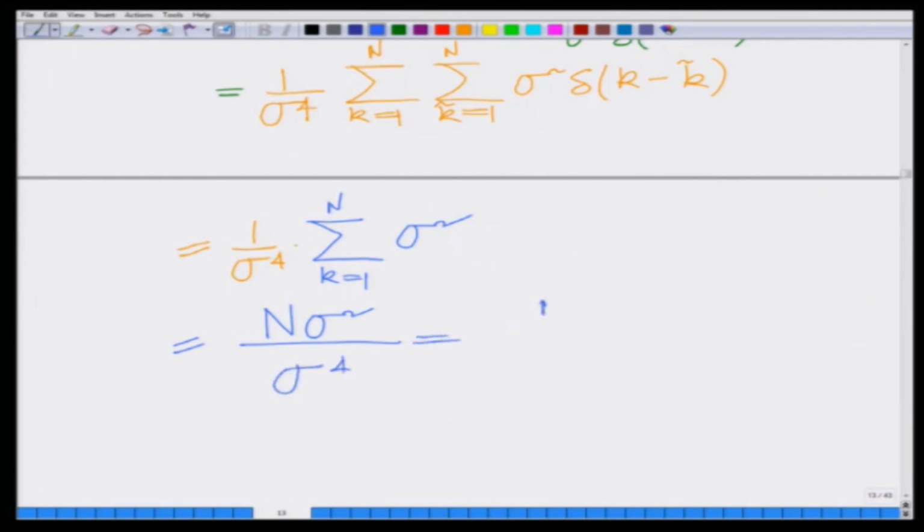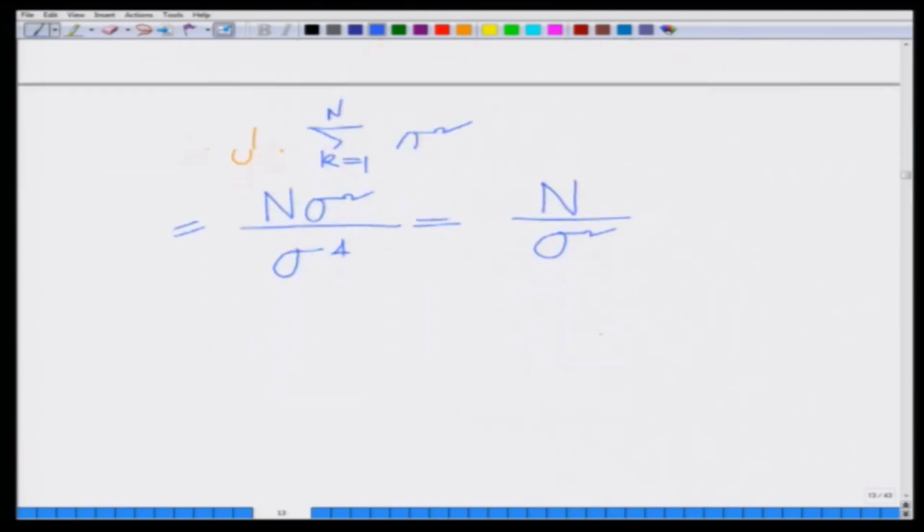This is nothing but n divided by sigma square, and this is a very interesting result.